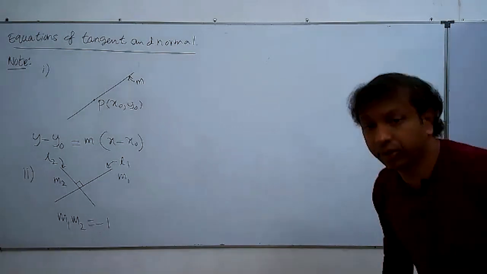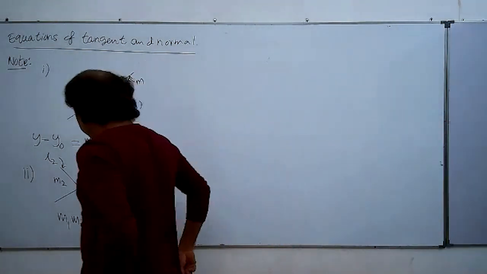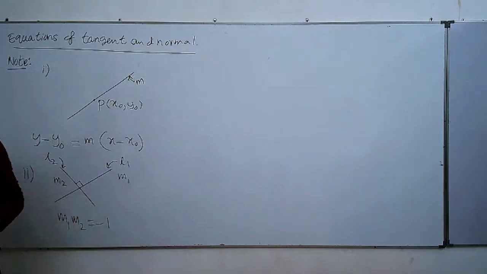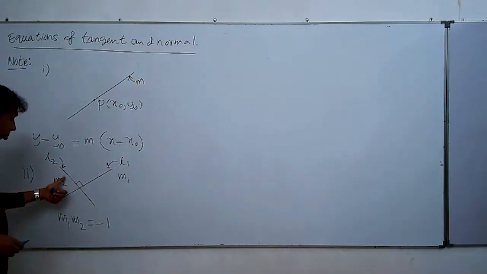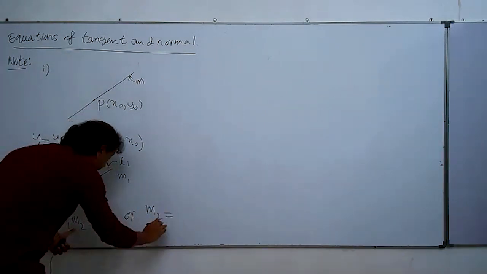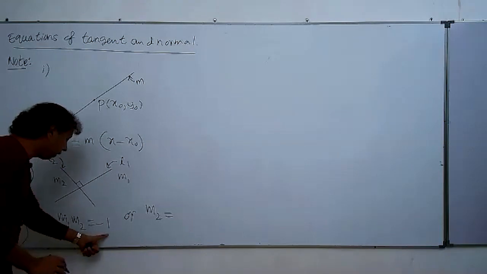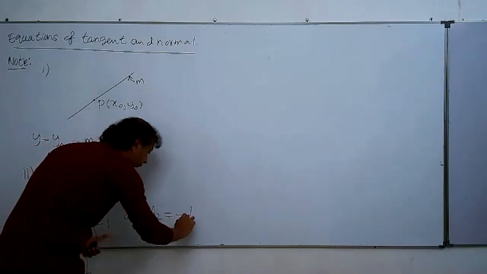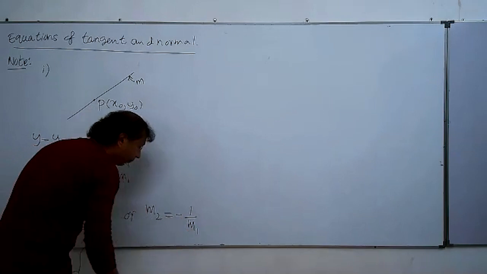Okay. The result of this, we can understand this way also. Now, when I make M2 the subject, M2 equals, bring this M1 to the right hand side denominator, minus 1 upon M1. What is this?